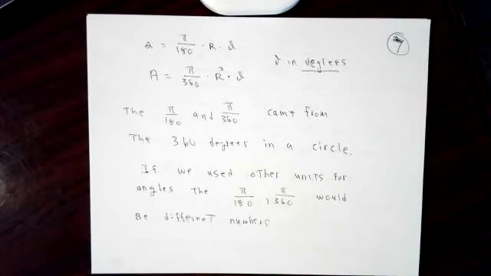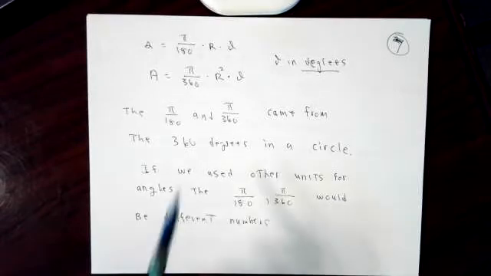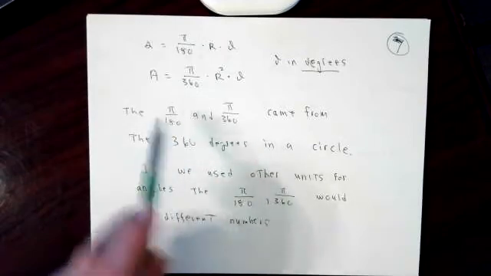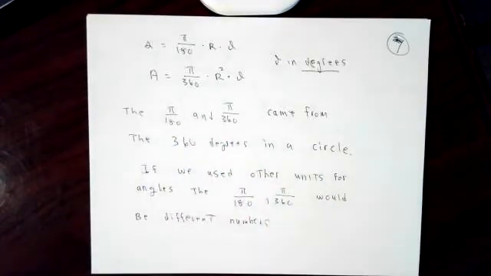So to summarize what we've just figured out, if you tell me the radius and how many degrees that central angle theta has in it, I can calculate the length along the curve, or I can calculate the area of the corresponding sectors. Why are these numbers, pi over 180 and pi over 360, there?